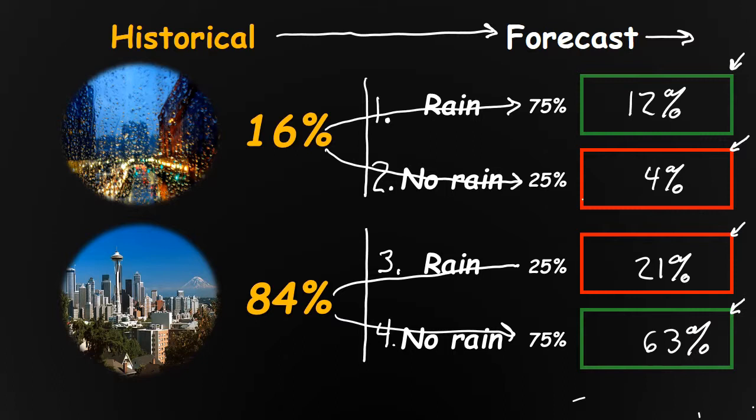We've assumed these outcomes are mutually exclusive. This means that only one of these outcomes is possible. Therefore, you can think of these 4 outcomes as the entire world of possibilities. The value of Bayes is that we take into consideration additional information, and in this case, the additional information is a forecast of rain.